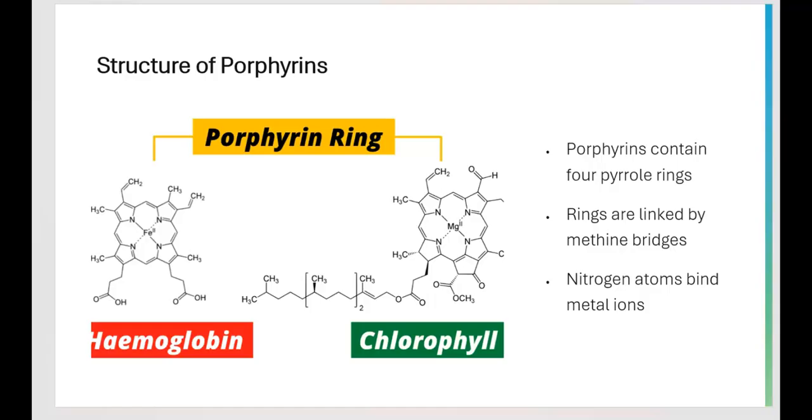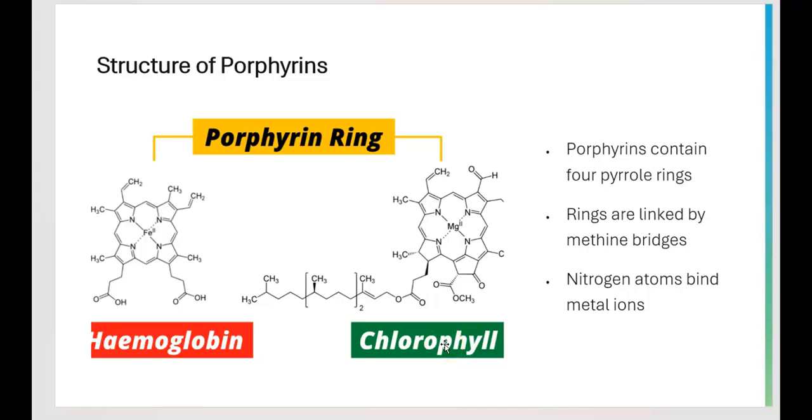The structure of porphyrin. Porphyrin compounds contain 4 pyrrole rings connected by methane bridges. The porphyrin ring contains nitrogen atoms capable of binding metal ions: iron in the hemoglobin, and magnesium in the chlorophyll.